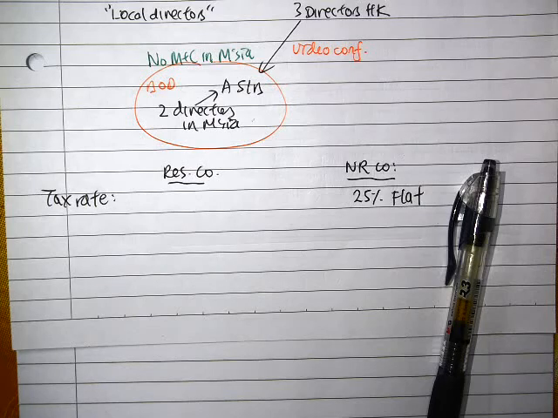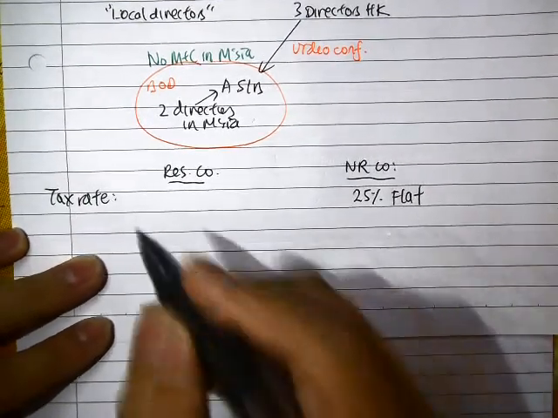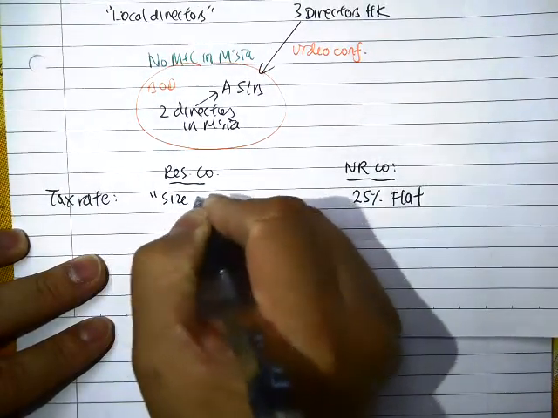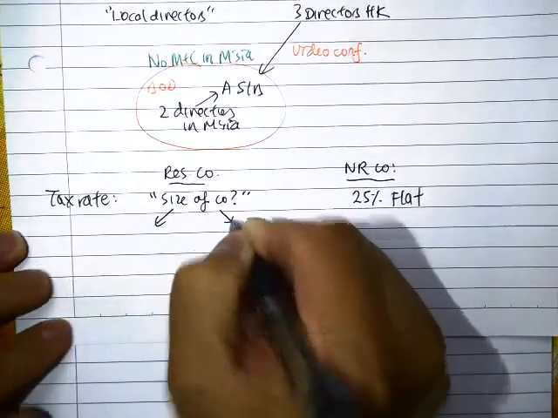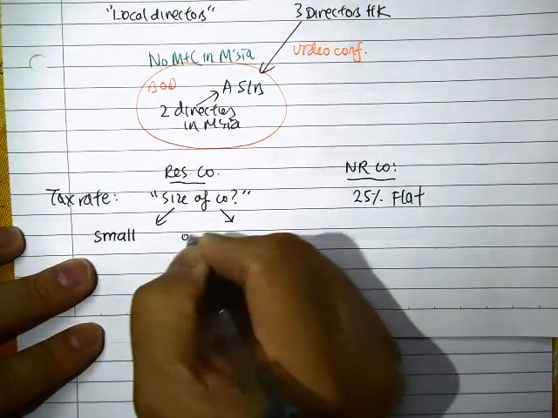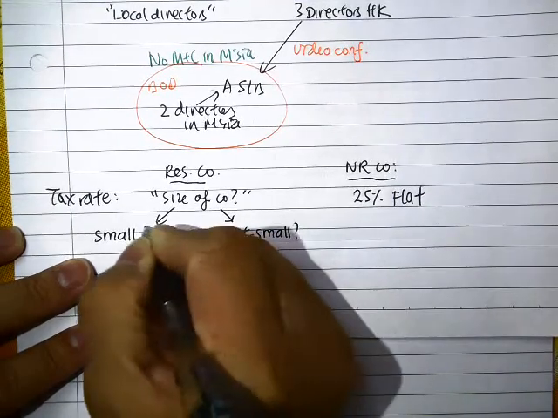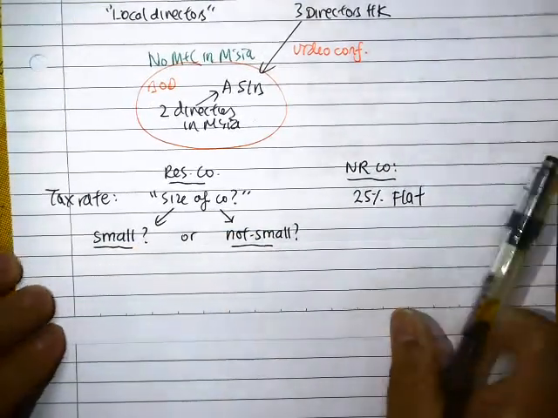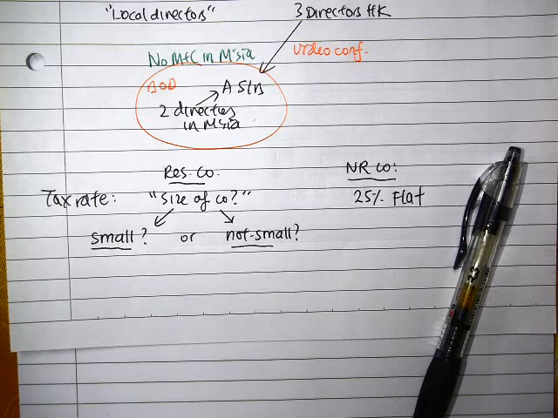Now, a resident company, on the other hand, depends on the size of the company. Okay? Now, then you must look at the size of a company. Small or not small. Okay? Small or not small. Now how do you know whether a company is small or not small?